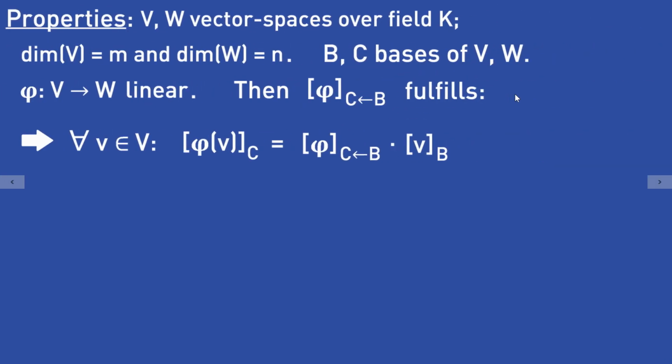The coordinate representation of phi of small v with respect to the basis C is equal to the matrix representation of phi from B to C times the coordinate representation of small v with respect to the basis B. This is true for all vectors small v in the space capital V.